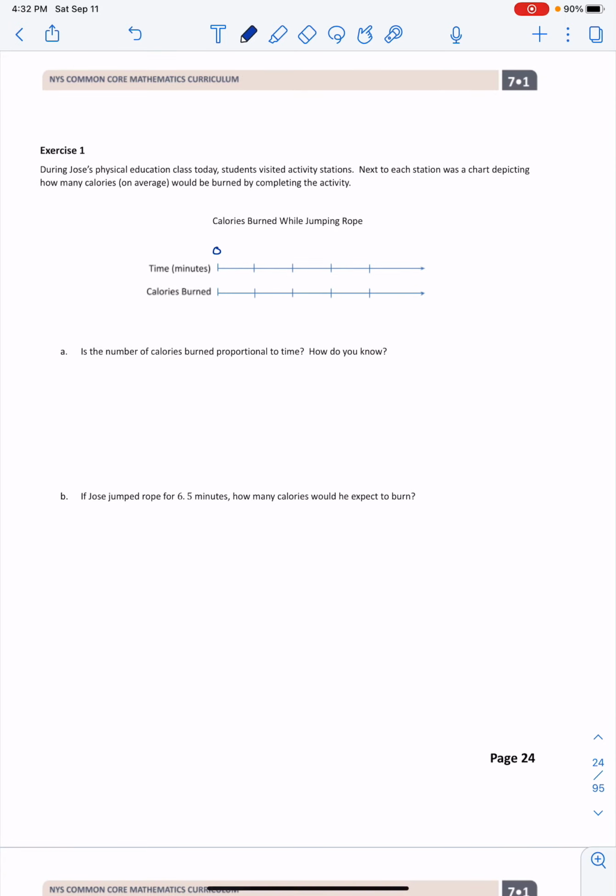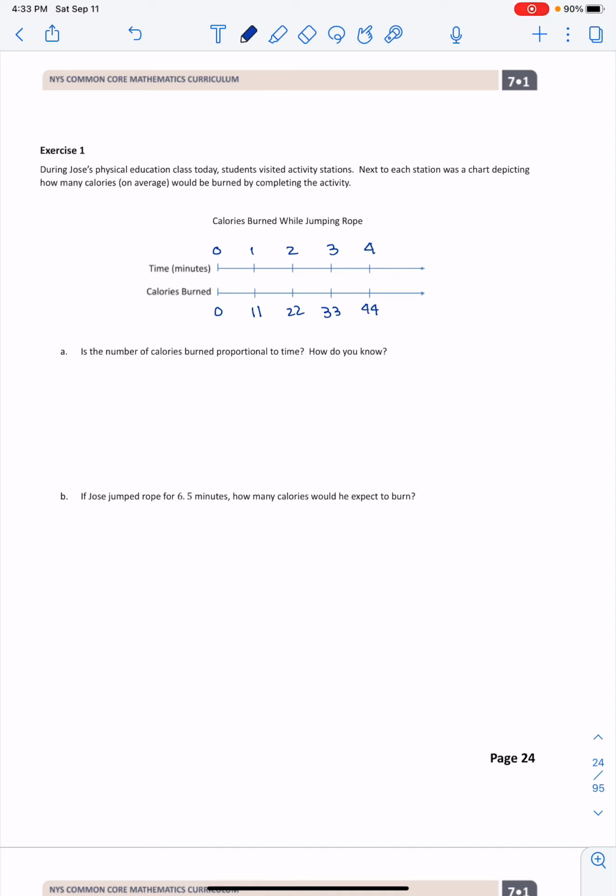So we have 0, 1, 2, 3, and 4. And down below we have 0, 11, 22, 33, and 44.